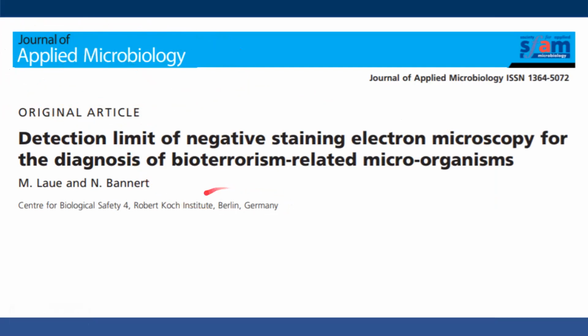This group from Berlin tried to determine the detection limit of negative staining electron microscopy for the diagnosis of bioterrorism-related microorganisms. They showed that this type of electron microscopy technique is very reproducible and has enough sensitivity to be used in this type of situation. So it's very cool.